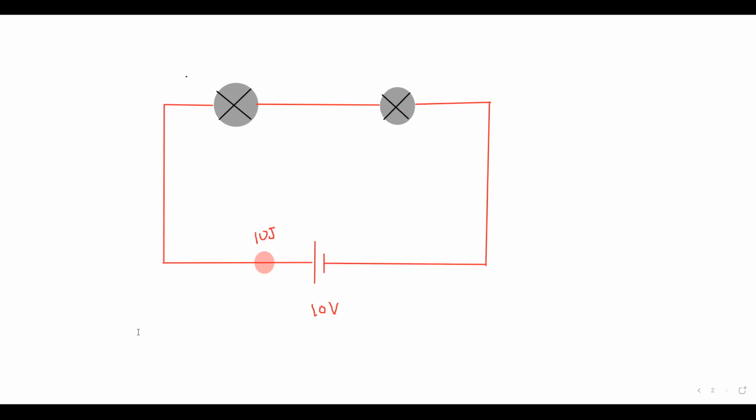So this charge starts to flow. Now my question is, what is EMF here? Electromotive force is the energy which the charge gets due to a chemical reaction in the battery or the cell. So EMF is equal to 10V.